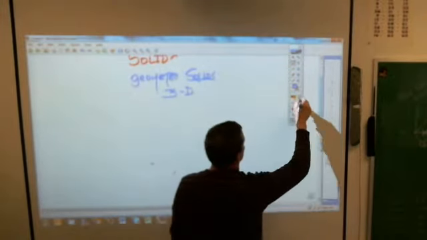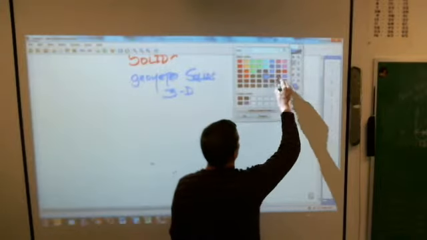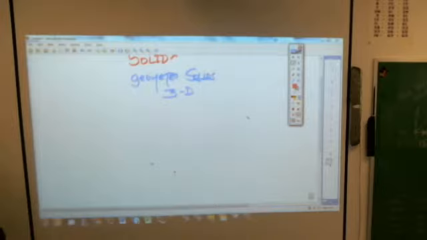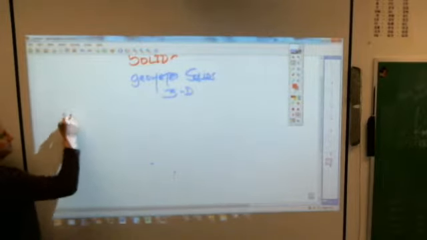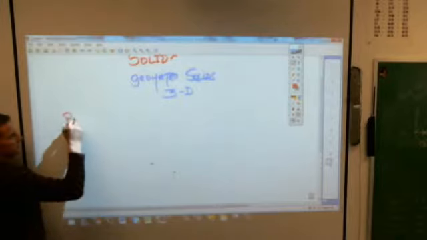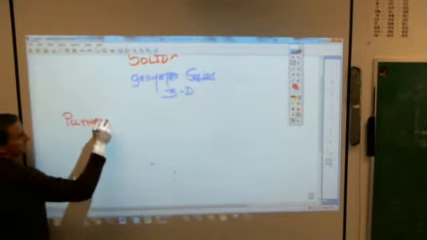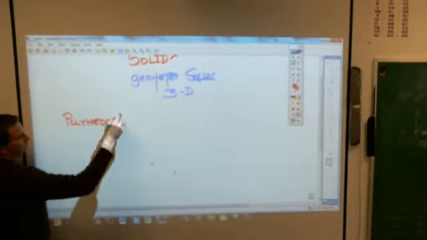Which means simply this, children. When we talk about three-dimensional shapes, we have the shapes that fall under the category of polyhedrons. You will never ever use that word again. Maybe you will.